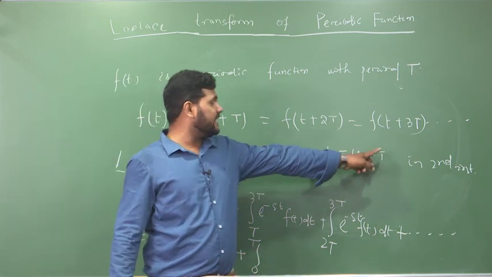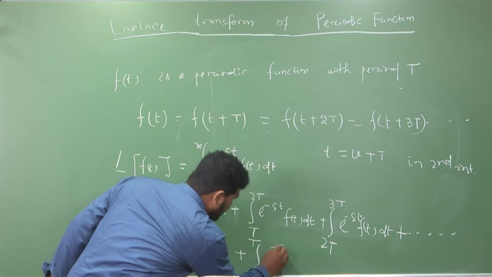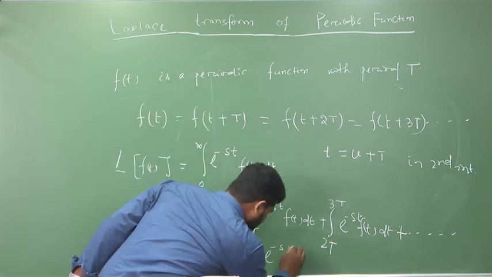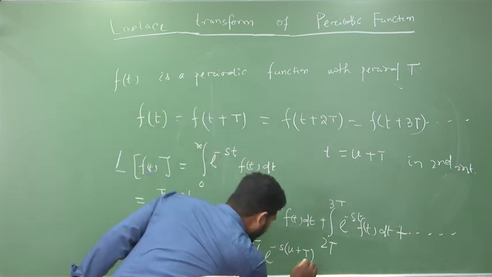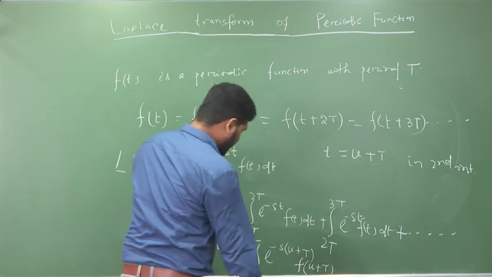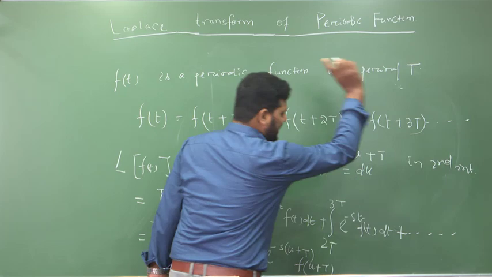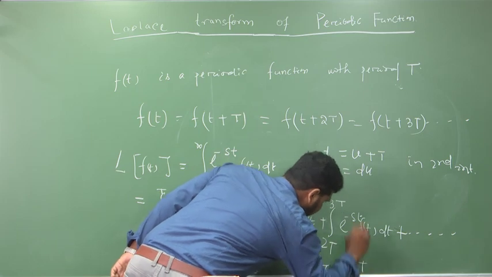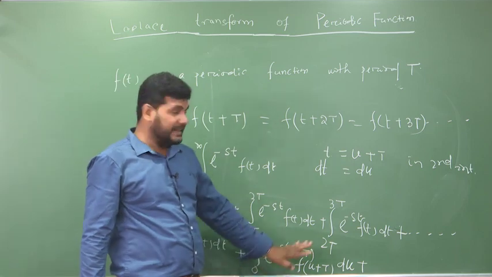By substituting t equal to u plus T. So e to the power minus s, in place of small t we substitute u plus capital T. In place of f of t, we substitute f of u plus T. And dt, if I differentiate, equals simply du, because capital T is a constant.